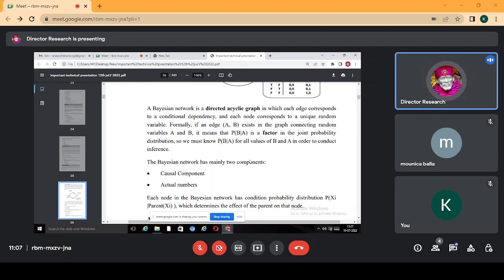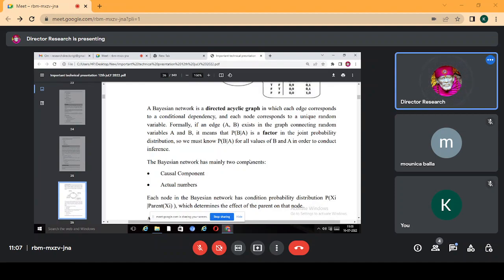Formally, if an edge (A, B) exists in the graph connecting random variables A and B, it means that P(B|A) is a factor in the joint probability distribution. So we must know P(B|A) for all values of B and A in order to conduct inference.